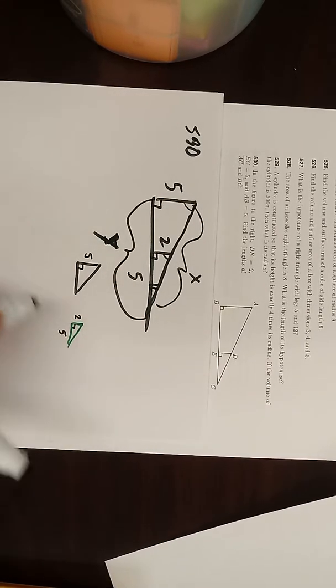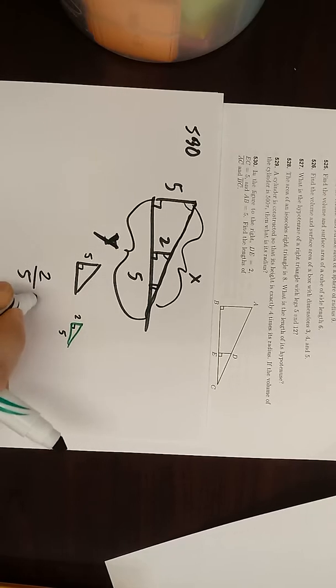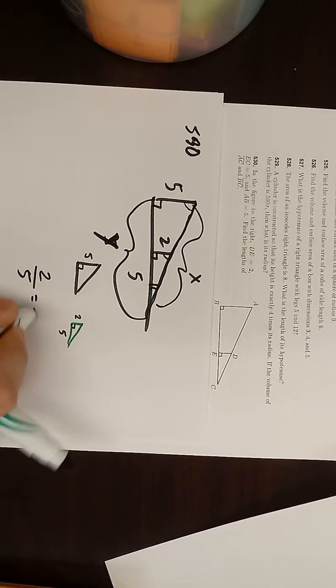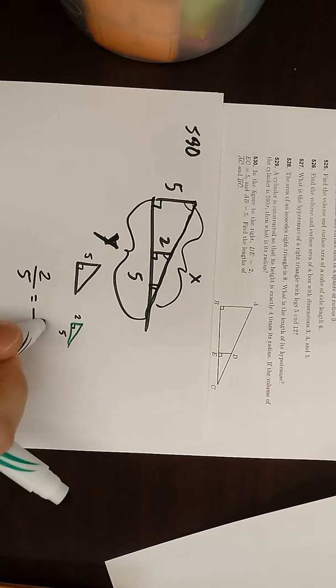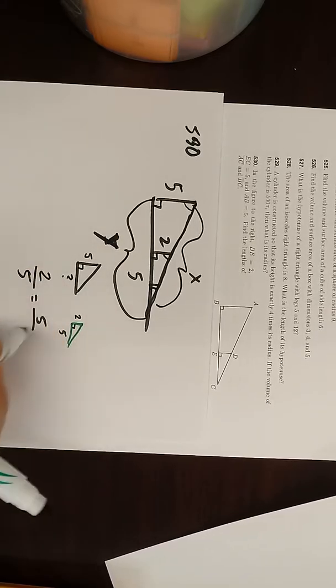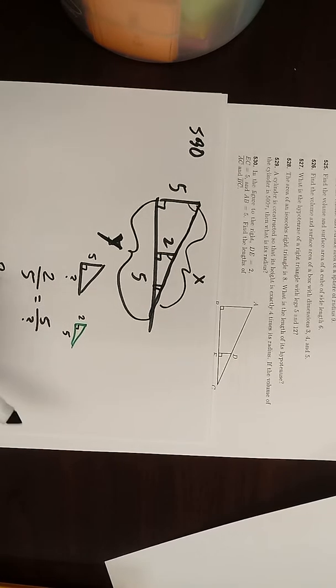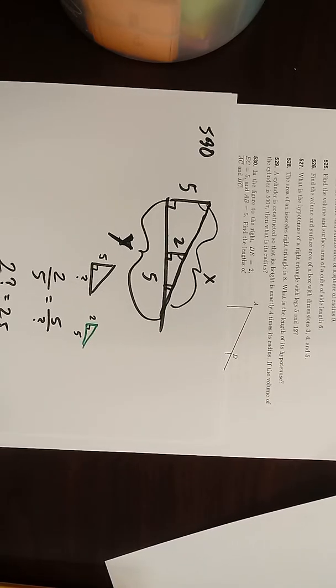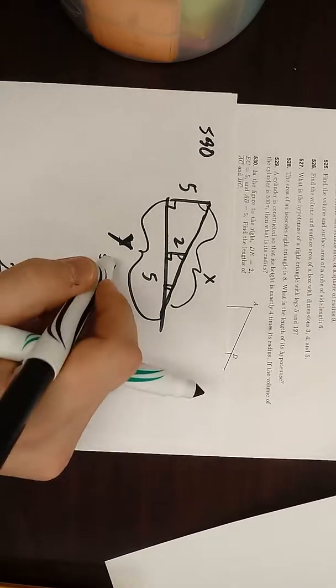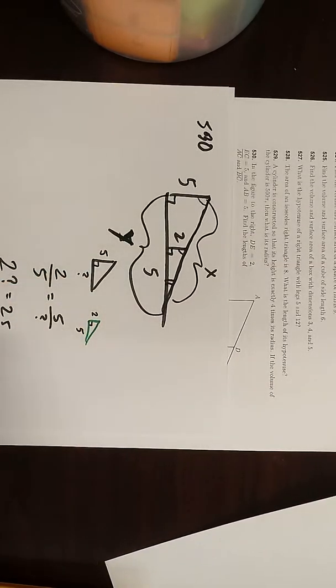To go from 2 to 5 is going to be the same as this 5 to I don't know. And that proportion has to hold true. So if we cross multiply this, 2 times my I don't know is equal to 25. Did I set this up right? 2 is to 5 as 5 is to I don't know. Okay.